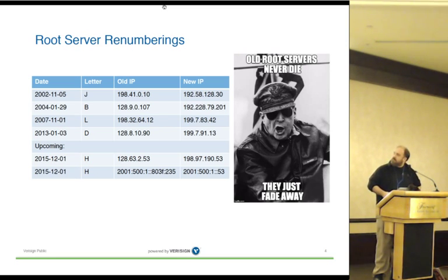But we noticed that changing IP address in the root zone is maybe not as rare as once thought or expected. It's every few years a change happens, and we can see that H is about to.